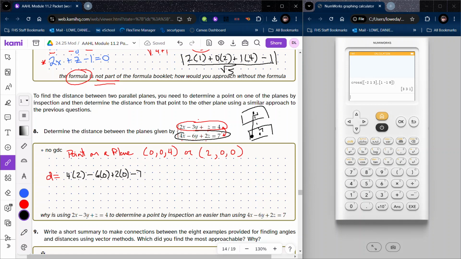And then I'm going to say minus 7, because if I move that 7 to the other side, right, and that's going to be the magnitude of that all over the square root of, right, 16 plus 36 plus 4. So that gives me 4 times 2, that is 8, minus 7, that is 1. So that's going to give me 1 all over the square root of, let's see, 36 and 4 is 40, so all over the square root of 56.